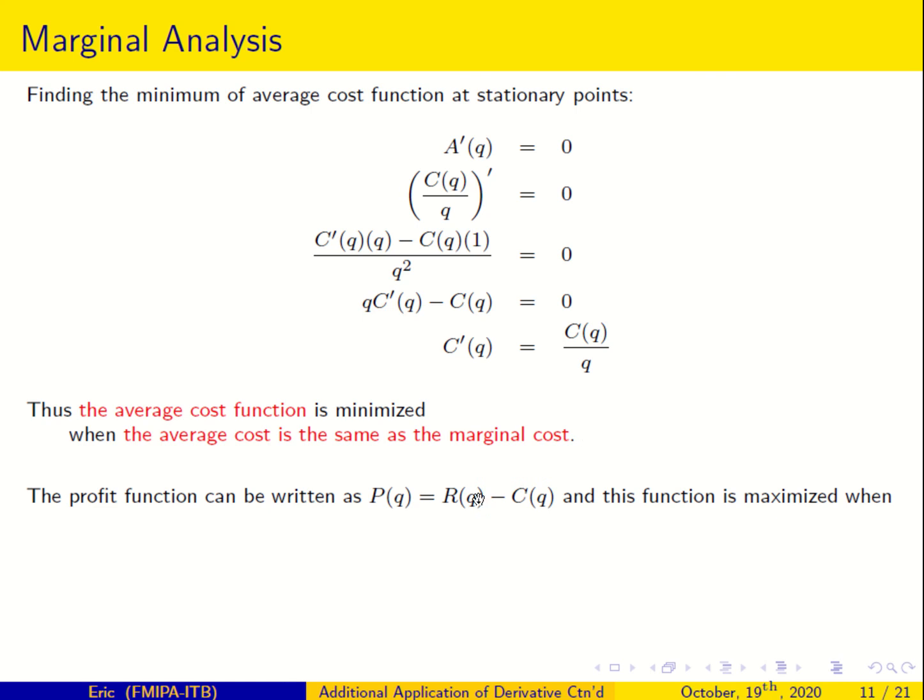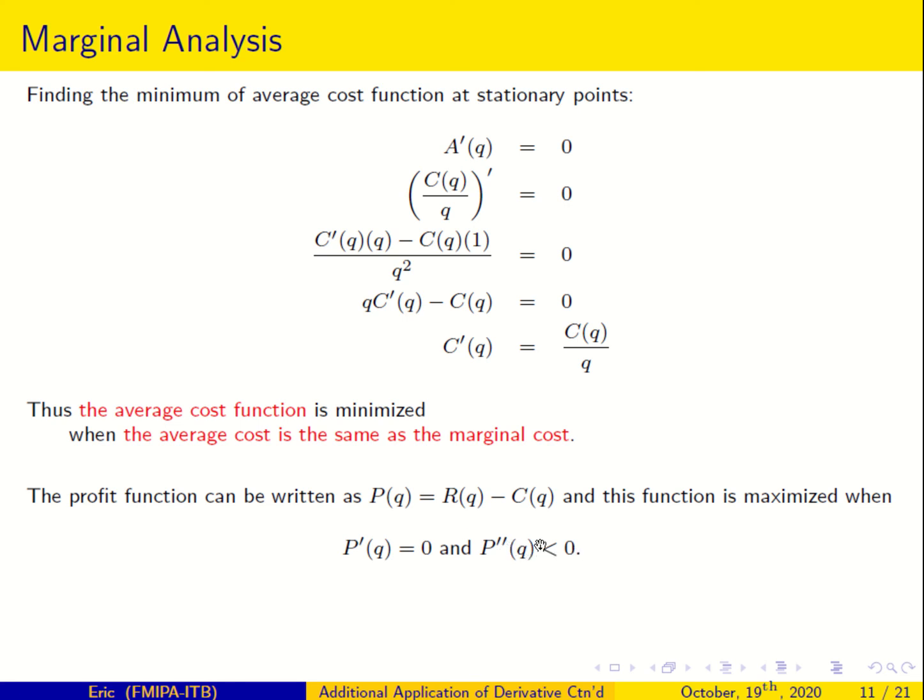Second one, if we have the profit function given by P(Q) = R(Q) minus C(Q), the revenue minus the cost, and we want to find the maximum of this, we can find the stationary point. So I want to find Q such that P'(Q) equals 0. But to have this as the maximum, I have to verify that P''(Q) is less than 0.